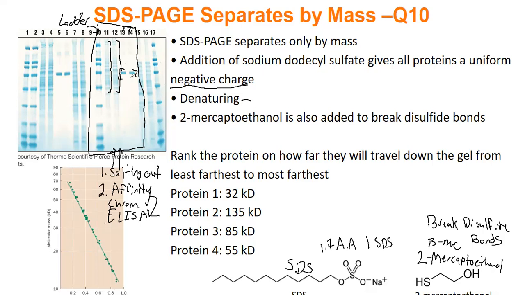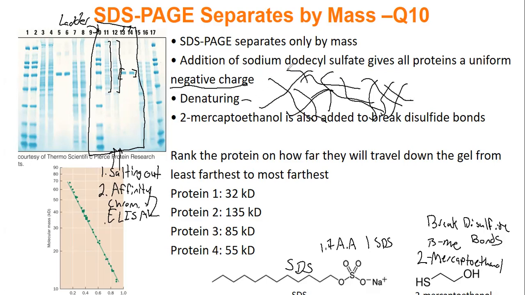Then the PAGE, so the acrylamide gel. What acrylamide gel is, when you look at it underneath a microscope, it basically looks like this. It's just a web of acrylamide, and acrylamide's a polymer.